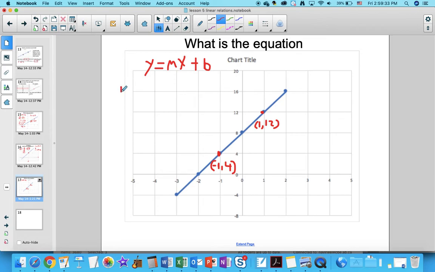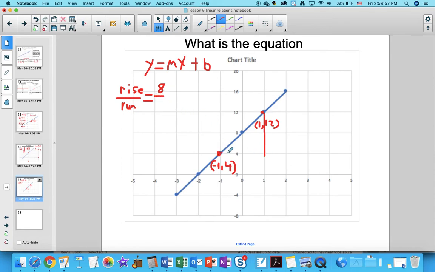Now I find my rise over my run, which will give me my m, or my slope. Okay, I went from 4 to 12. Well, that went up by 8. That's my rise.